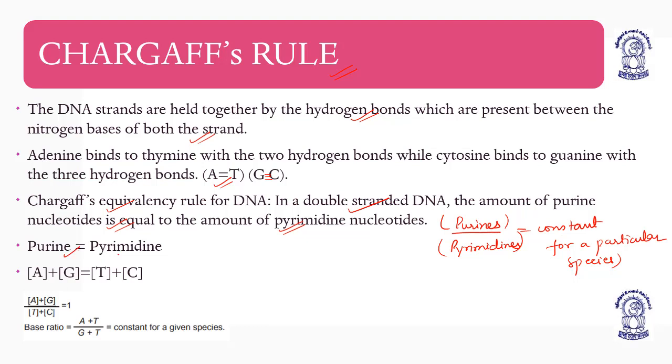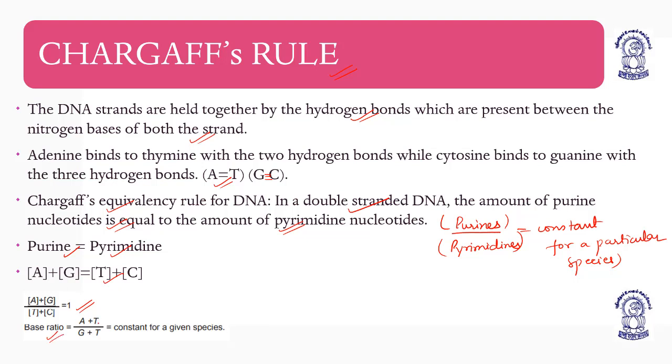So purine is equal to pyrimidine: A plus G is equal to T plus C, meaning A plus G upon T plus C is equal to 1. Purines are adenine and guanine. Pyrimidines are thymine and cytosine. So adenine plus guanine and thymine plus cytosine are always equal, constant, meaning 1.